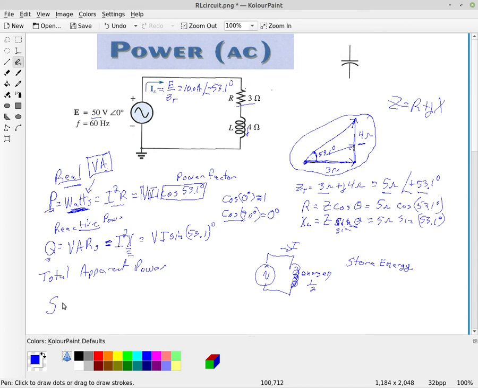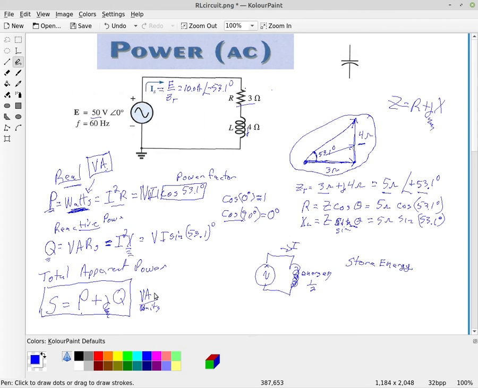Total apparent power is capital S, and that's going to be the real power plus j times Q. So it's the real power plus the reactive power with its 90-degree phase angle, just like we had with the impedance. This is what they call total apparent power, and the units of that are volt amperes, just simply volt amperes. That's the units of apparent power.